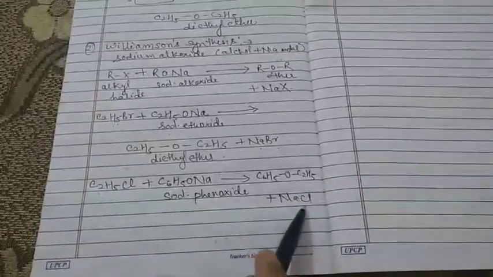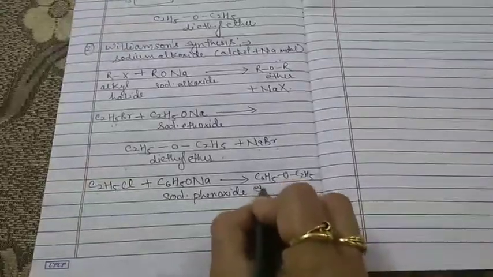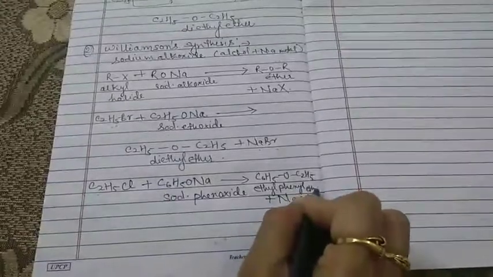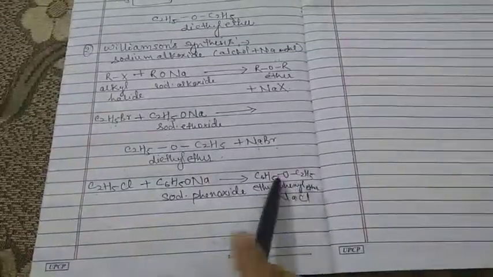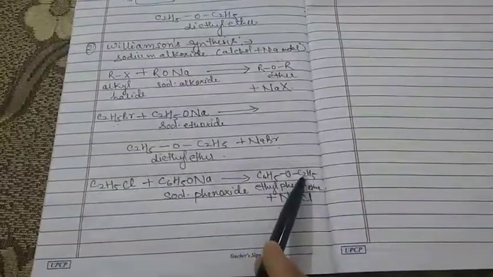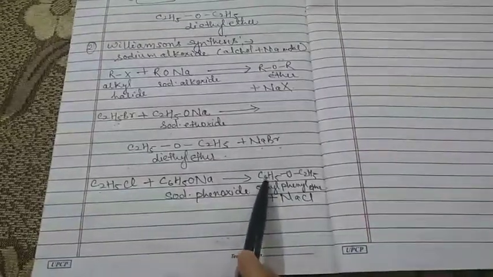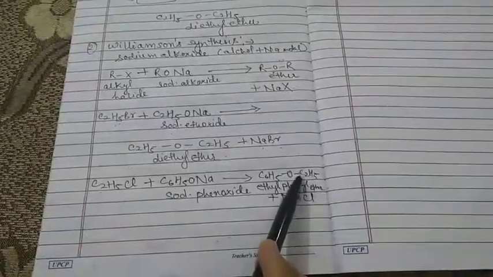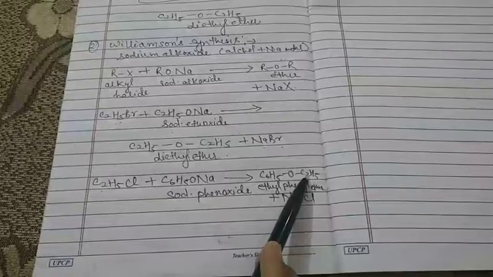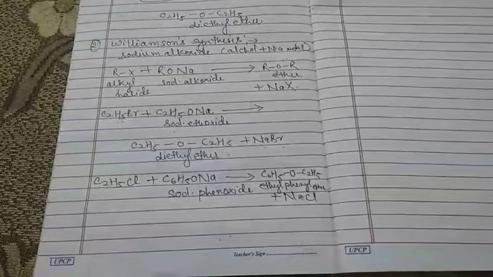Here NaCl is sodium chloride and C6H5O C2H5 is ethyl phenyl ether. This is a type of unsymmetrical ether because this one is the alkyl group and this one is the aryl group, and we give it a name according to the alphabetical order. So E comes first in the alphabetical order, so its name is ethyl phenyl ether.